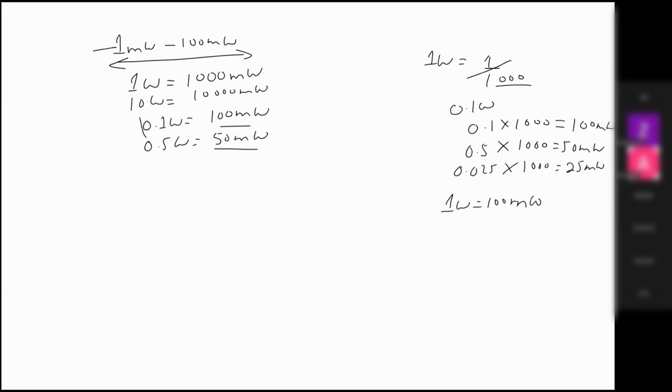It will be 0.001 watt. So is this a better value, or is 1 milliwatt a better value? 1 milliwatt is the better value. So that's why we choose milliwatt to represent the power.